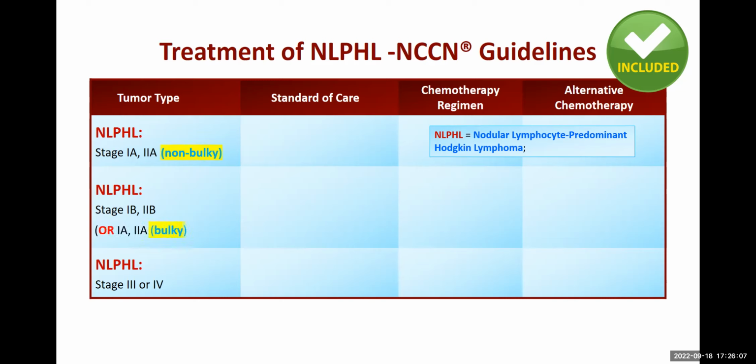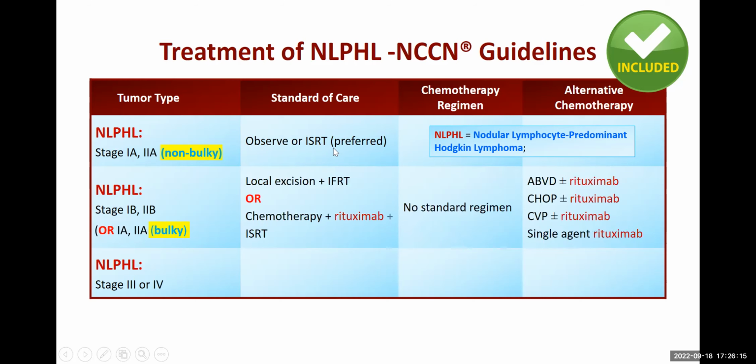Again, we have non-bulky and bulky disease. In non-bulky, just observe and give radiation, which is preferred. In bulky, you give chemotherapy. I've shown you all those chemotherapies, ABVD, CHOP, CVP, whichever you want to use, and you use that with rituximab because these cells express CD20.